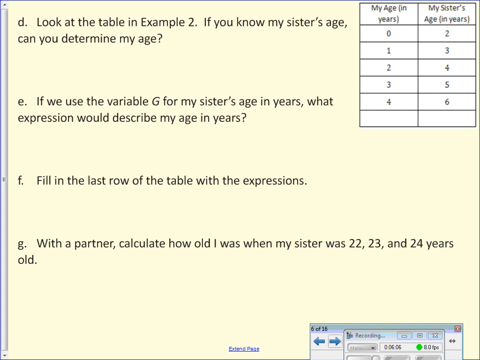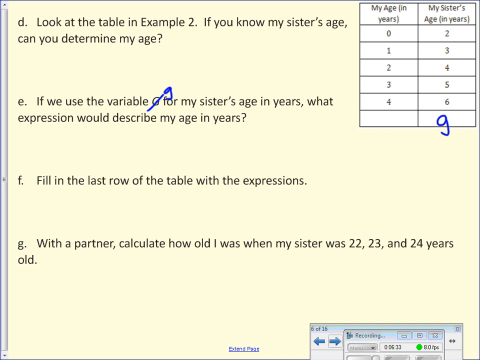So let's take a look at the table on the bottom of page 83. So if my sister's age was G, I don't know where they got G from. Now here's the thing. They used a capital G here. I don't like using capital letters for variables. You won't see that very often, and sometimes capital letters for variables stand for something else.